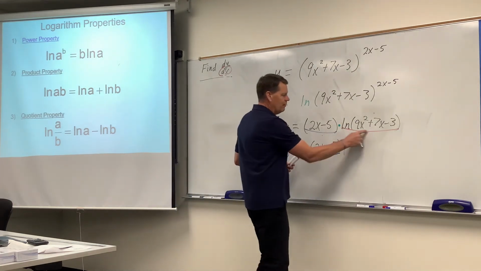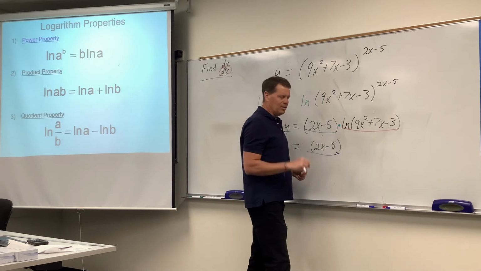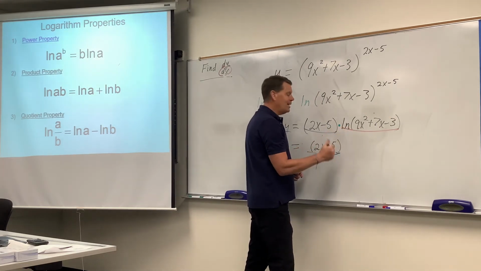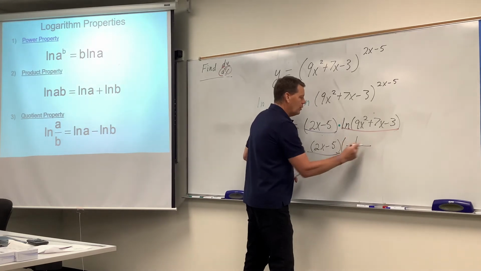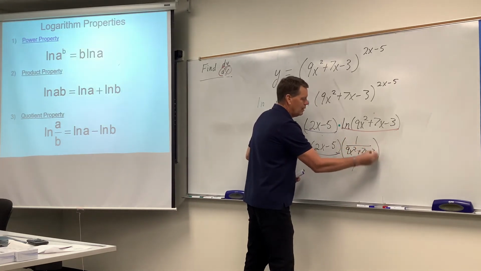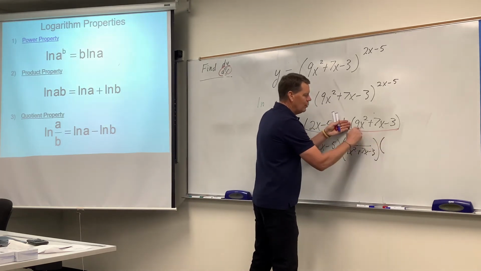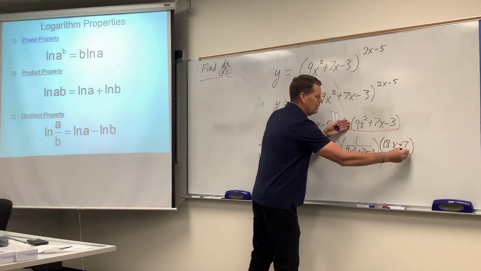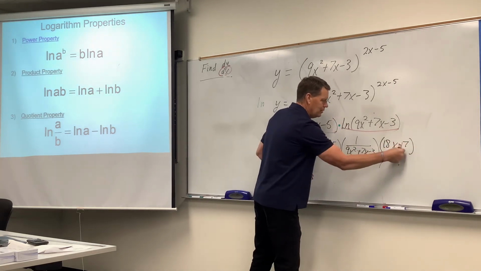Let's see, the derivative of this, we practiced that on some previous slides. Natural log of expression. Chain. 1 over the expression times the derivative of what's inside, 18x plus 7 minus 0.